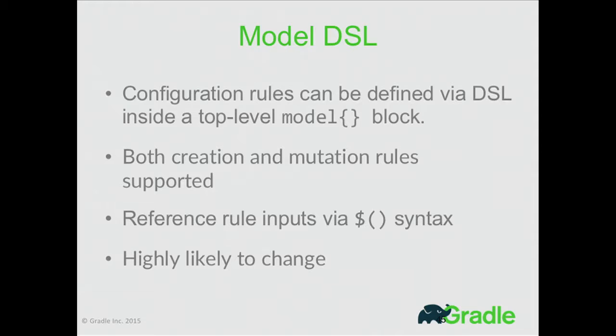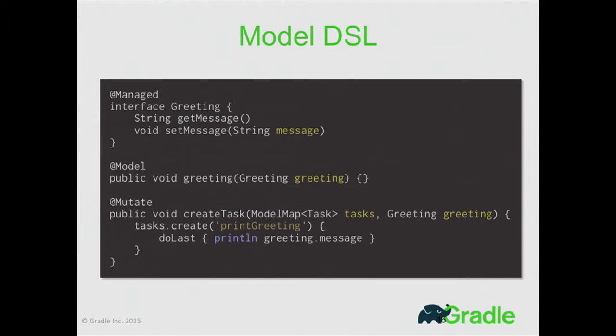Currently we have a temporary jQuery-looking syntax to define the rule inputs, where I say this is an input to my rule and pass the path to that thing. This will more than likely change in the future to a nicer way of doing the input.